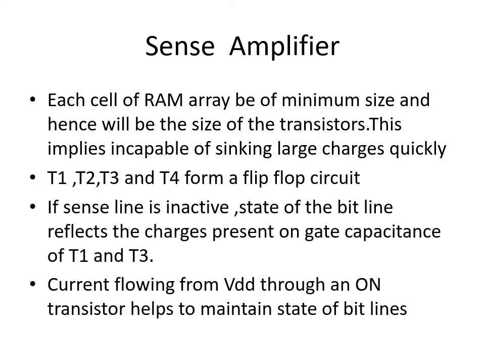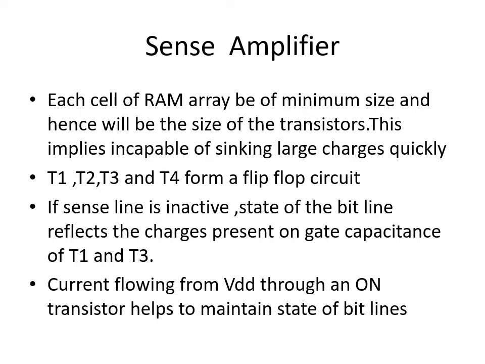In any design, it is necessary to keep the area of each cell to a minimum value. Okay, that is, the transistors should be of minimum size, and therefore they become incapable of sinking large charges quickly. Thus it is very important that the charges stored on the bit line be modest, and this may not be the case if they are connected in parallel.